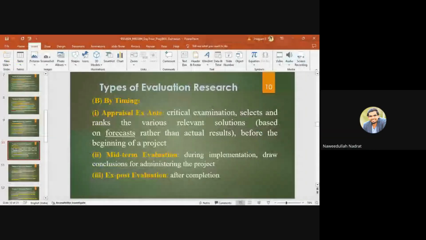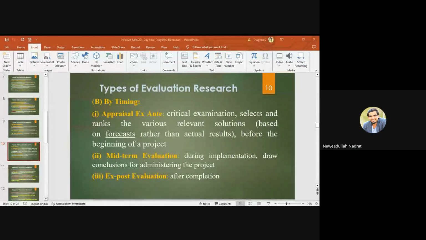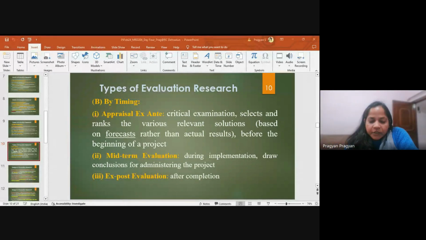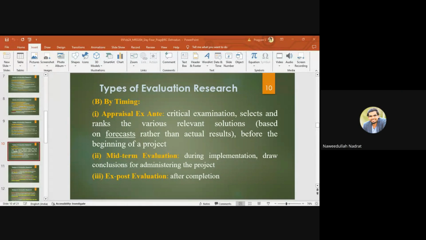Yes, ma'am, about the external evaluation. Most of the time, as I have just implemented an international project from an international donor, through a third party organization they conducted this external research. As it was for education, they independently conducted this research, and after that they shared their findings with the donors.